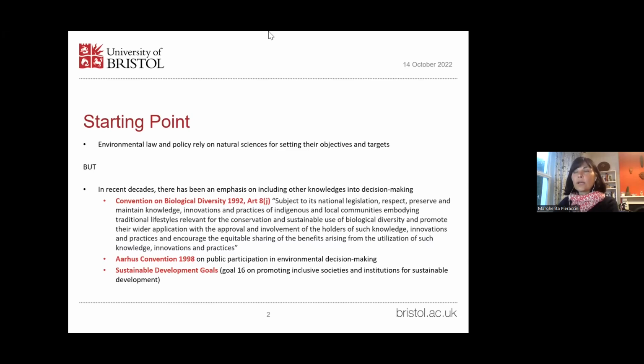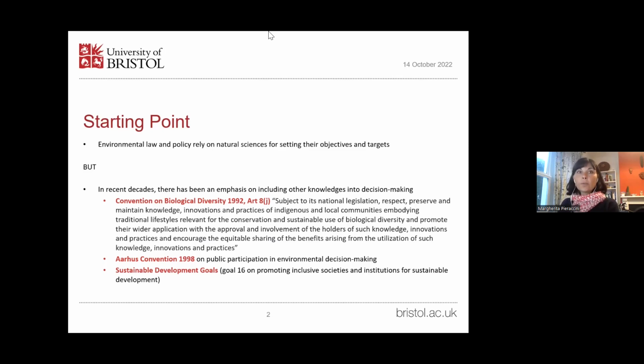So first of all, the Convention on Biological Diversity, a 1992 framework convention, tells us, in relation to protected areas and in situ conservation, which is covered in Article 8, that subject to national legislation, it is important to respect, preserve, and maintain knowledge of indigenous and local communities, and promote the wider application with the approval and involvement of holders of such knowledge. So indigenous knowledge, traditional ecological knowledge as some would call it, is well recognized already in the Convention on Biological Diversity.